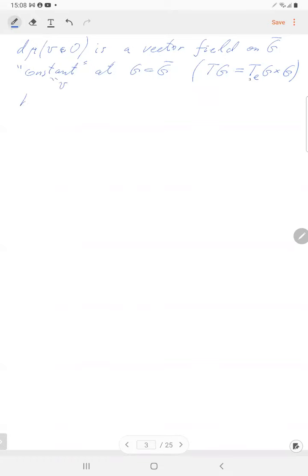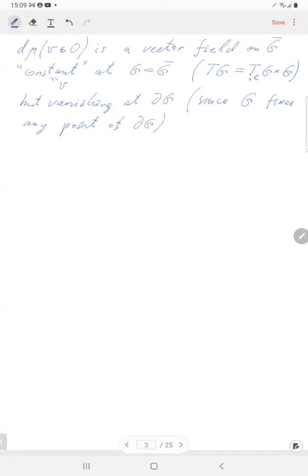Okay, but vanishing at the boundary, since the boundary is fixed by any translation, which fixes any point of the boundary.